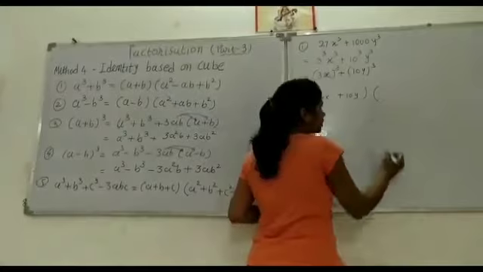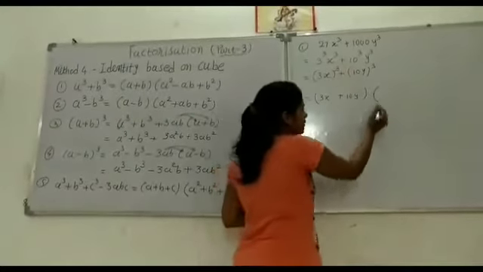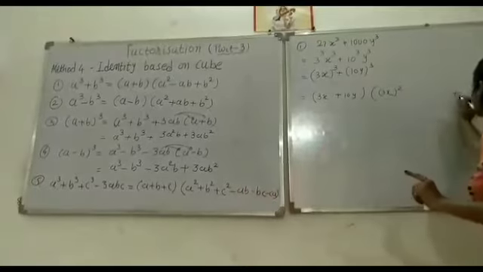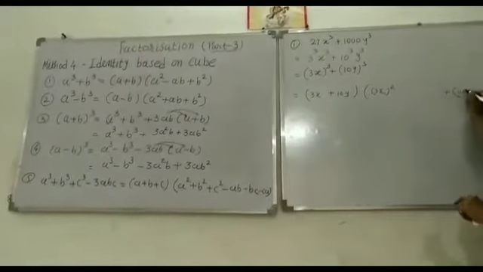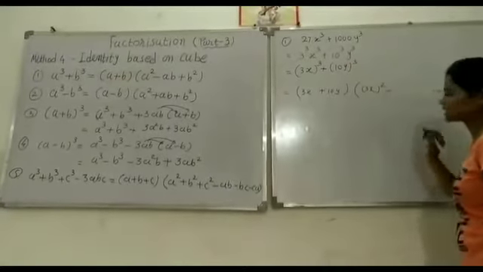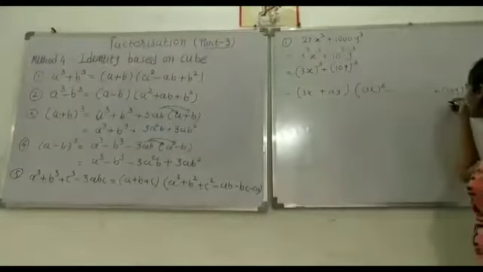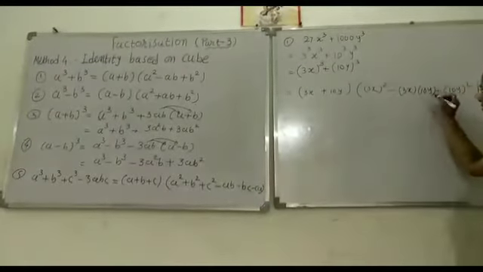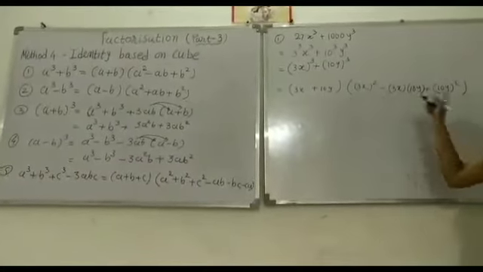Now in the second bracket write the first square, 3x square, plus the second square, 10y square. Since here is plus, you write minus and the product of these two, so 3x into 10y. You can remember it this way easily.